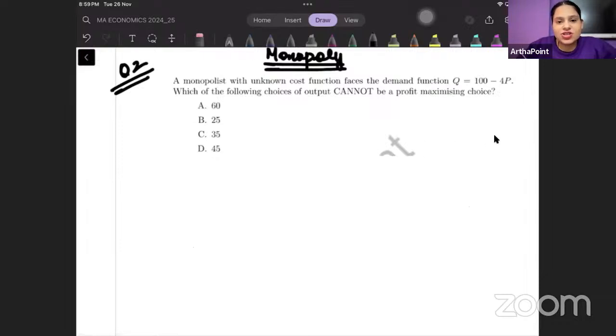There is no cost function given. But one thing I know for sure from the monopoly part: a monopolist always operates in the elastic region of the demand curve. Just use that property. This is the biggest hint. A monopolist always operates in the elastic region of the demand curve.